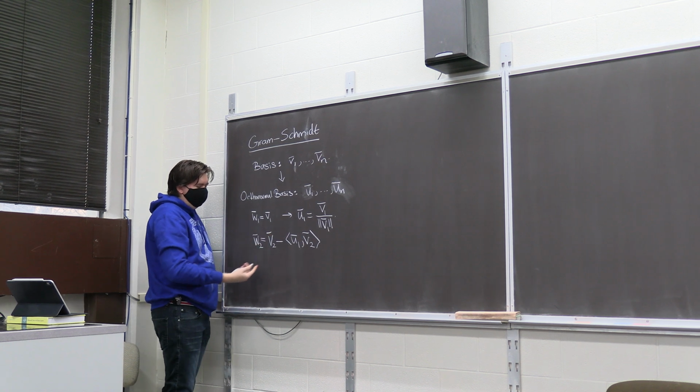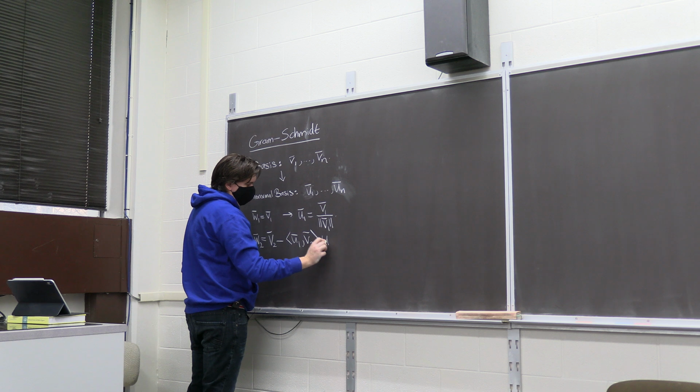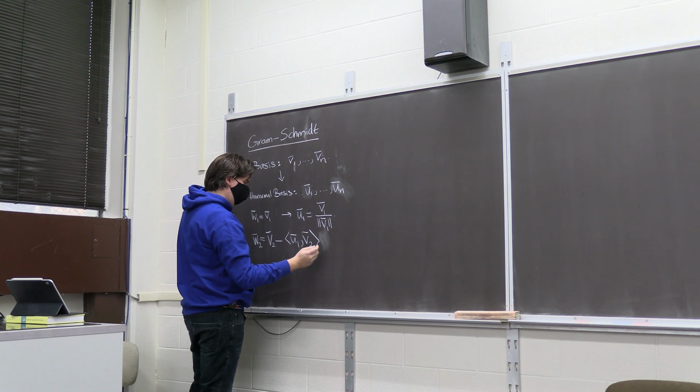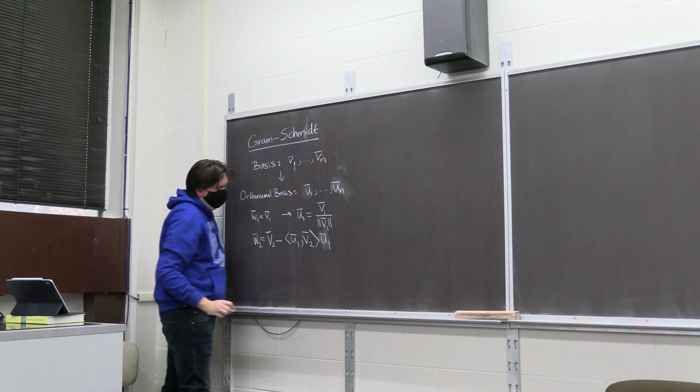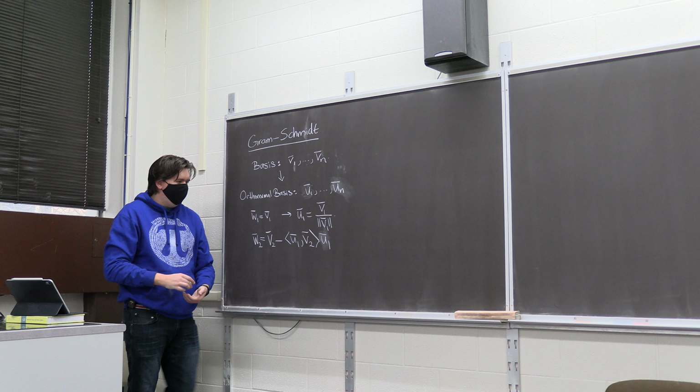Oh, wait, this doesn't make sense. What is a vector minus a scalar? So let me times this by U1. And now you think about it, what happens when I take the inner product with U1?